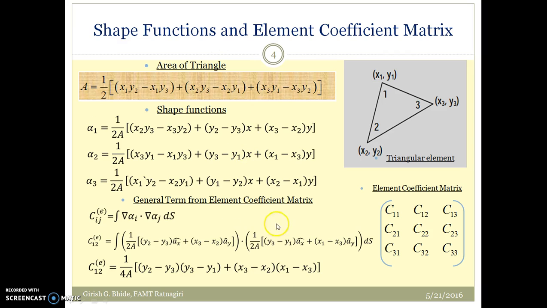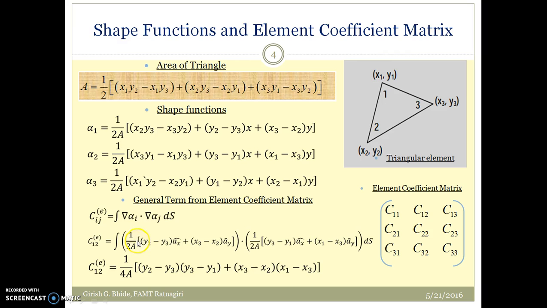Before that, we learn the general term from the element coefficient matrix called Cij of E, which is given as integration of gradient of alpha i dot product with gradient of alpha j over the area of the triangle ds. So here, for example, I have considered the term C12 from the element coefficient matrix, which is computed by using this formula, obviously derived from the above formula.